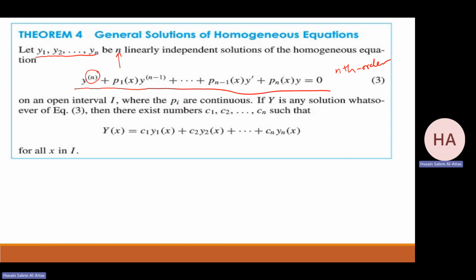The number n is important, and they must be linearly independent solutions. If I can find n linearly independent solutions, then right away my general solution will be y of x equals c1y1 plus c2y2 plus ... plus cnyn. That will be the general solution of the differential equation.